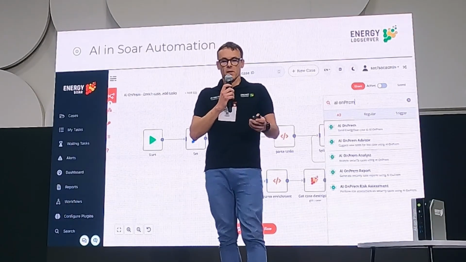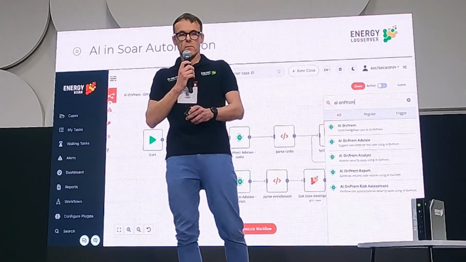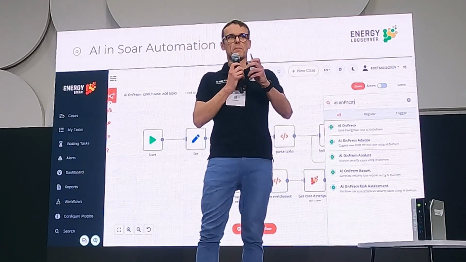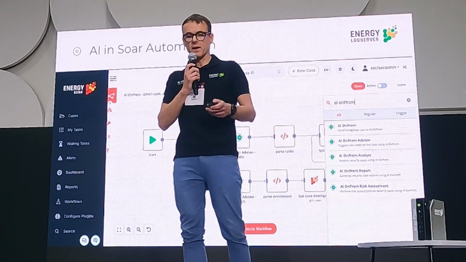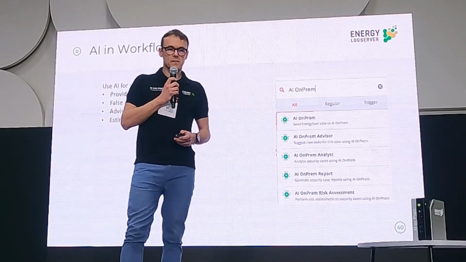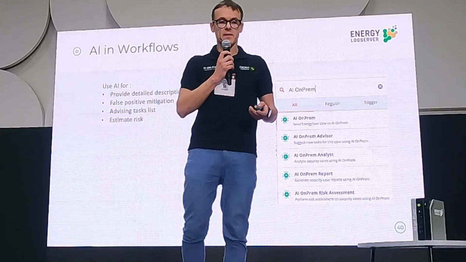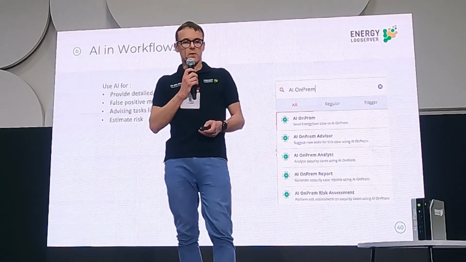So in SOAR, we built something called a workflow, like programming with puzzle boxes, and we provide boxes for AI. What can we do with it? We can enrich, provide detailed information for the case. We can mitigate false positives.